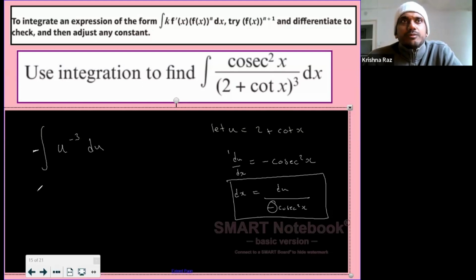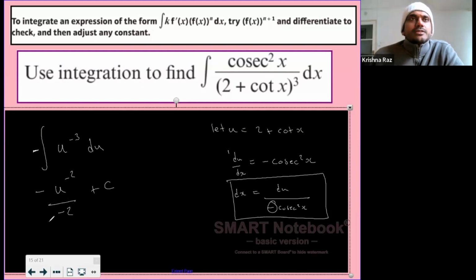Then we can integrate, we'll get minus u to the power of minus 2 over minus 2 plus c. So the answer will be a half u to the power of minus 2. So (2 plus cot x) to the power of minus 2 plus c.